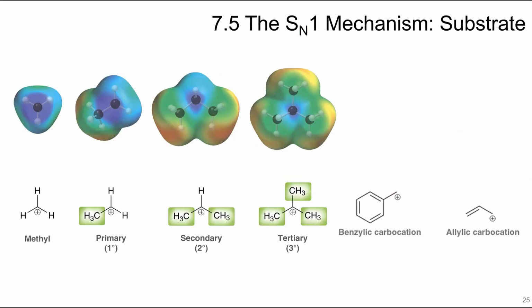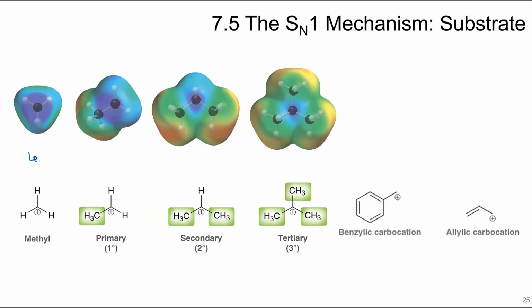In SN1 reactions, a carbocation will form more quickly if it can stabilize itself. If you have a tertiary carbocation, this can be supported by all of these surrounding neighbors through induction, and that's going to be more stable than a secondary carbocation, which is more stable than a primary, which is more stable than a methyl.